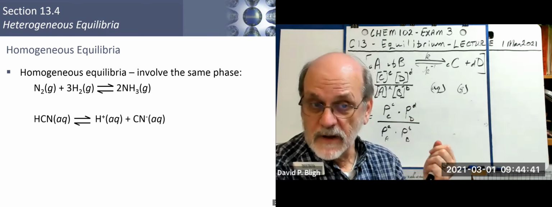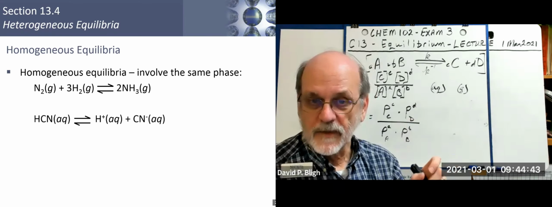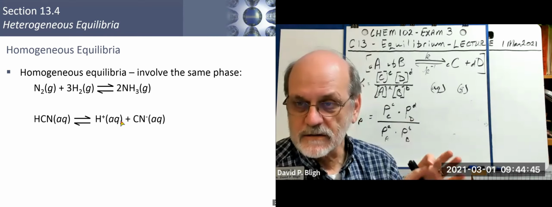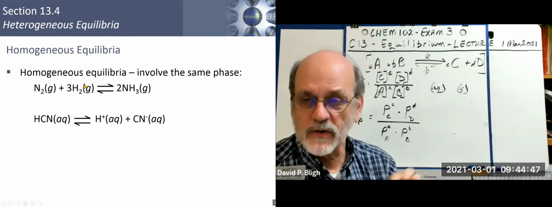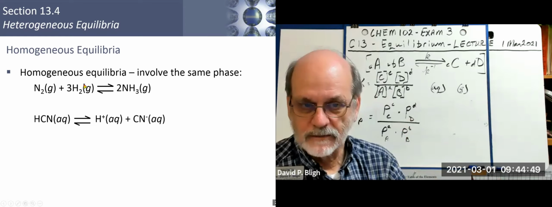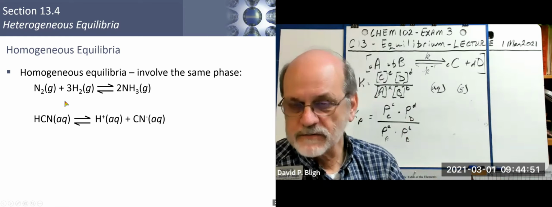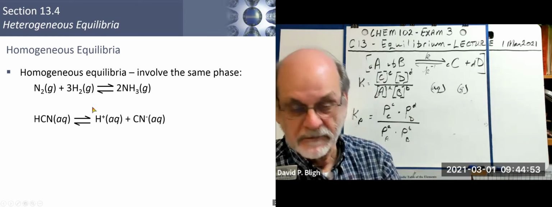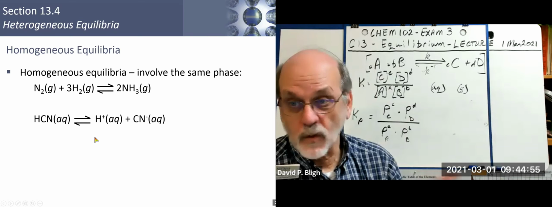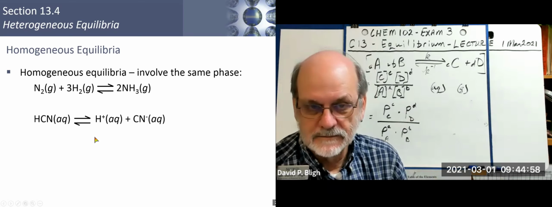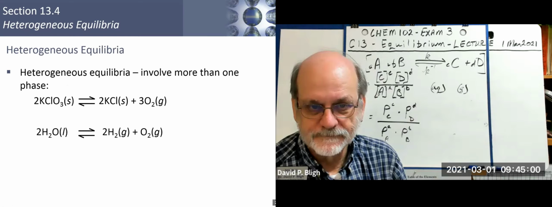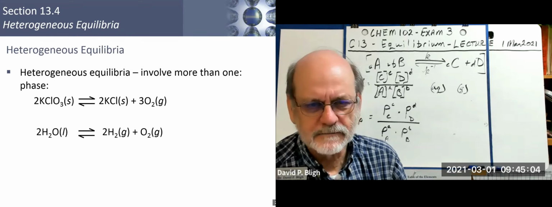Similarly, for equilibrium, homogeneous equilibrium is a reaction in which all of the components are the same phase. All aqueous, all gas. And if you have solids and liquids in there, they don't count. Actually, they do. Sorry about that.